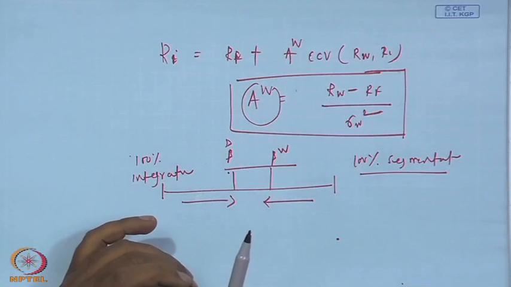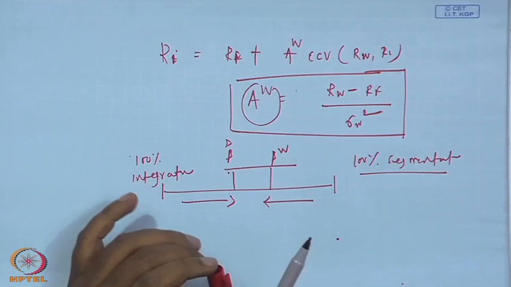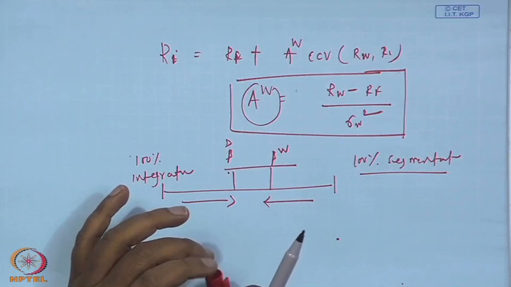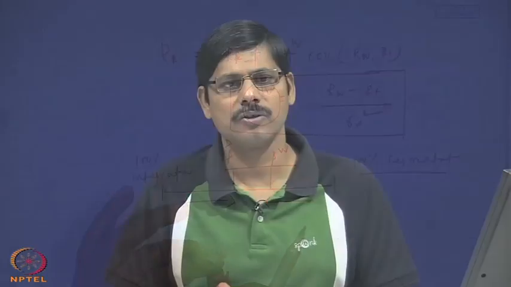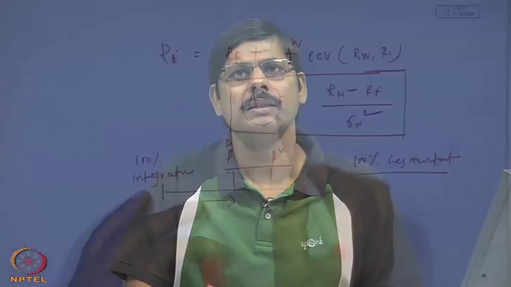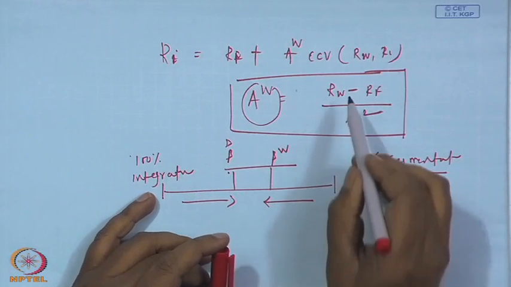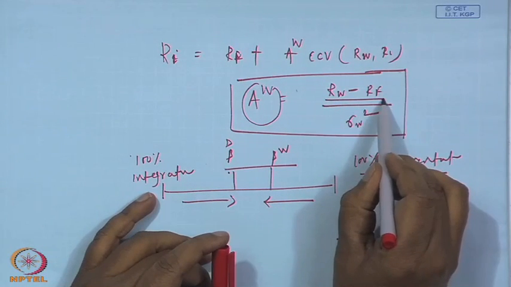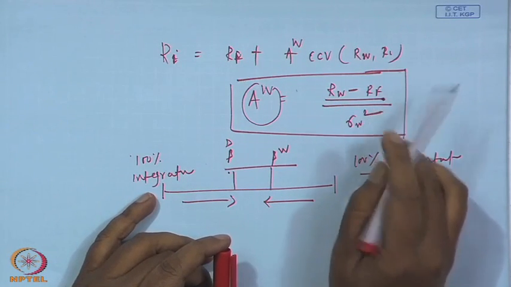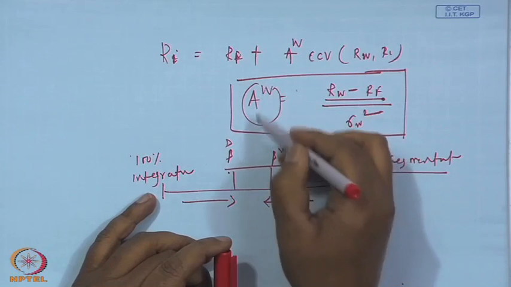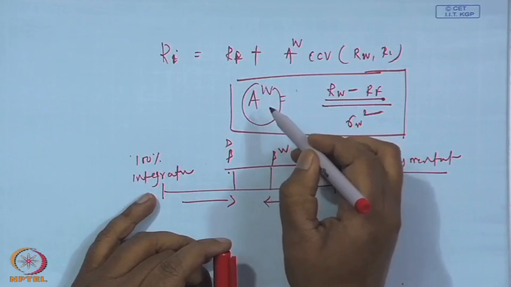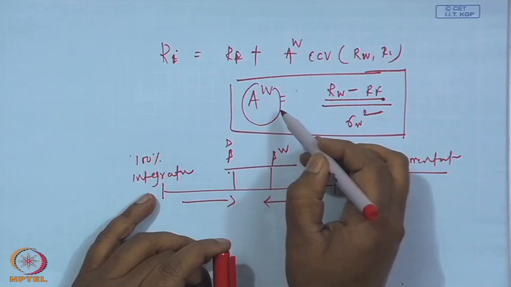So, here the AW indicates the risk aggregation index, or another word I can call it is the global systematic risk. The AW captures the global systematic risk, where the risk premium is the premium against the volatility of the world market. This captures the global aggregate risk index.